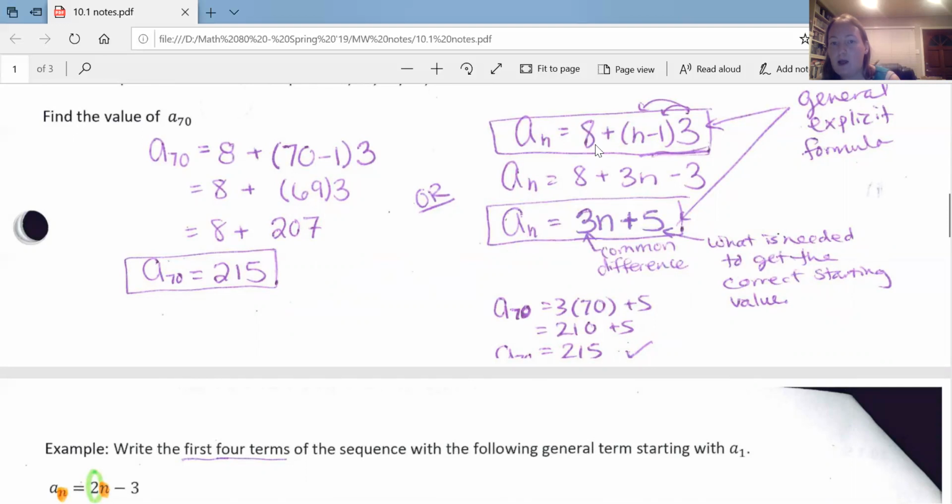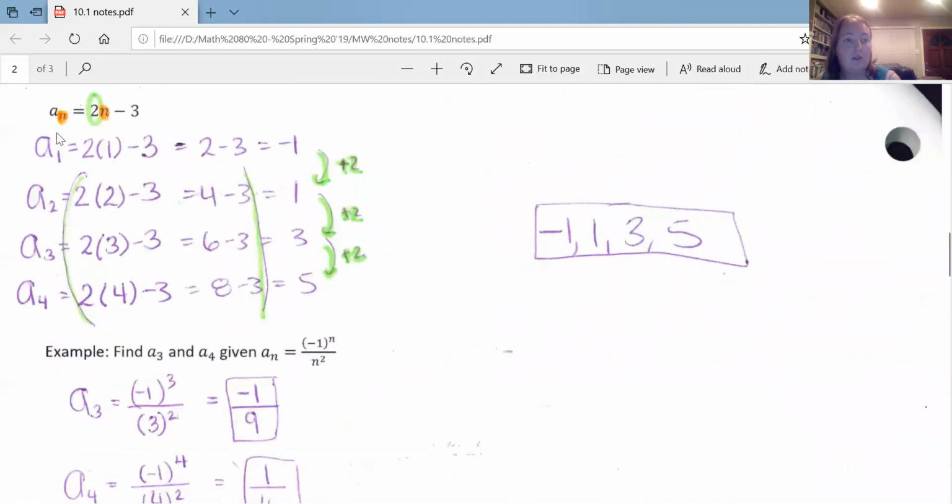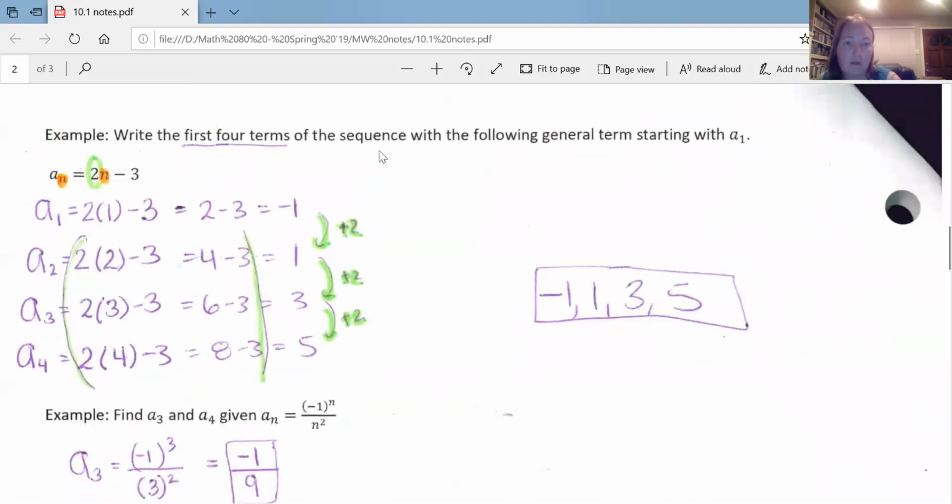Essentially, it's A sub 1, and then the D times N, and then minus 1 times the D, and then combining like terms.